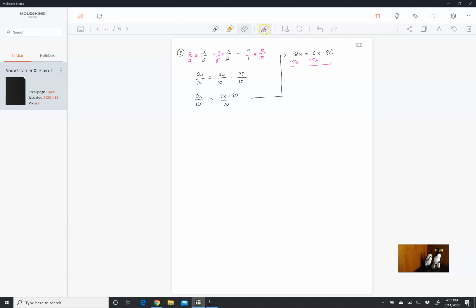This gives us a negative 3x equals negative 90. So here the x is negative, that's perfectly fine. Okay, there's nothing wrong with that. Keeping your x's positive is just a personal preference. Divide both sides by negative 3. And you get that x is equal to 30.